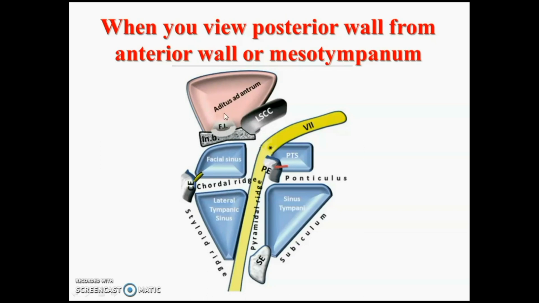Above you will see aditus and fossa incudis, and medial to facial nerve you are seeing pyramidal eminence, and below styloid eminence and sinus tympani there in the posterior wall, and above the sinus tympani you are seeing posterior tympanic sinus between ponticulus and subiculum. What is ponticulus? Bony ridge connecting the pyramidal eminence to promontory, to the medial wall. And what is subiculum? Bony ridge connecting the styloid eminence to the promontory. So between ponticulus and subiculum you are seeing sinus tympani.